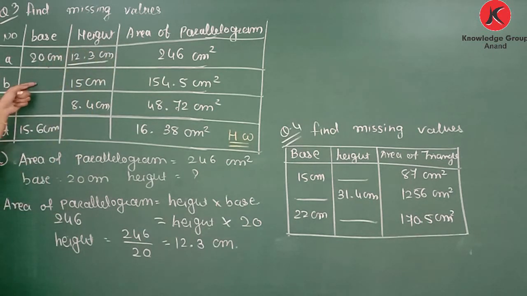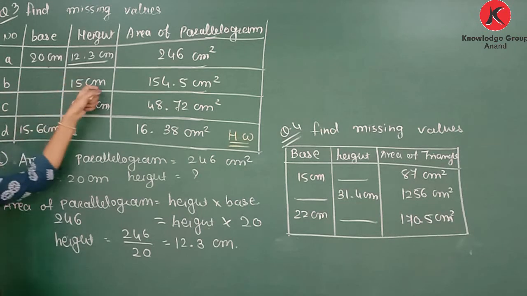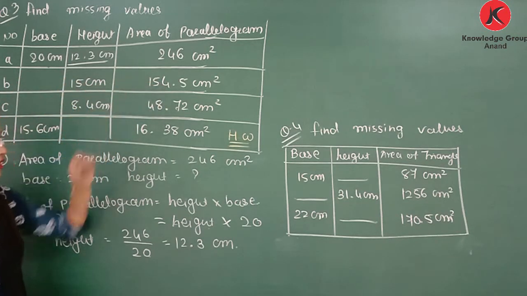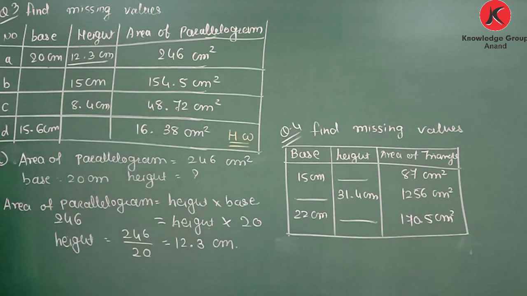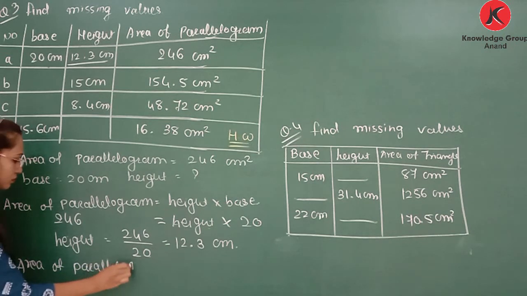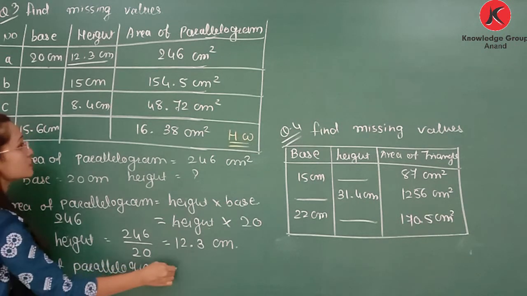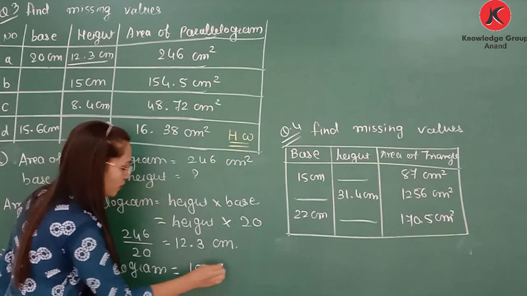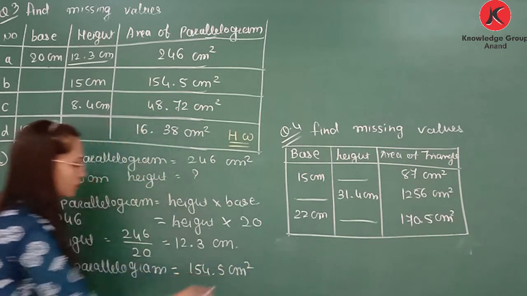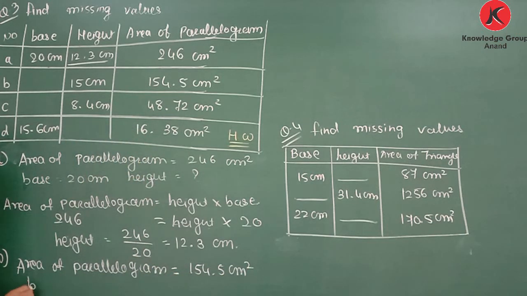Now for the next one, base is not given, height is given 15 and area is given 154.5 centimeters square. Base we need to find.